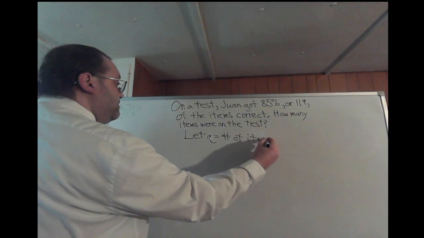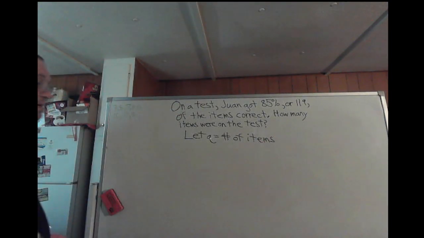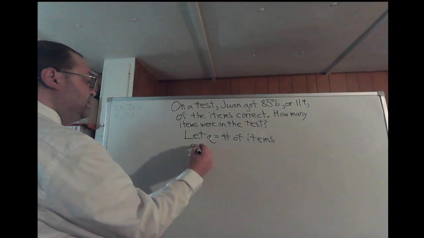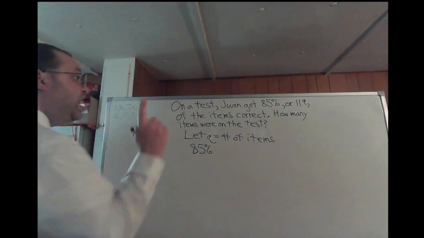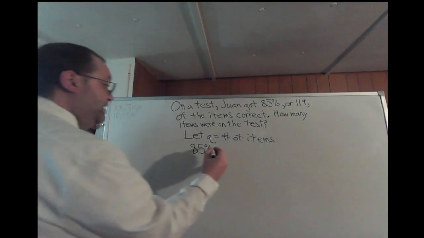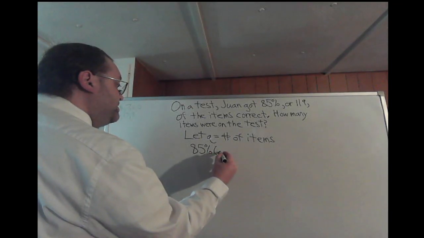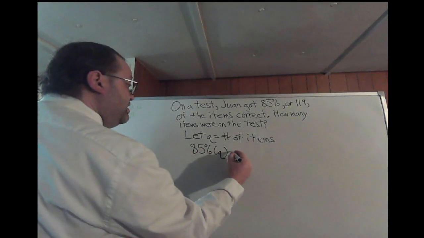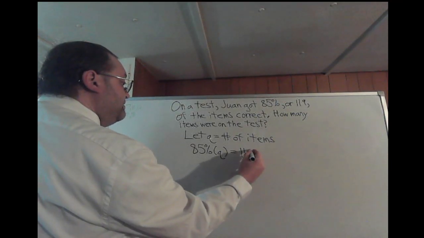I think Q is a great variable for this. So he got 85% of the items, 85% times Q, for 119 of them correct.